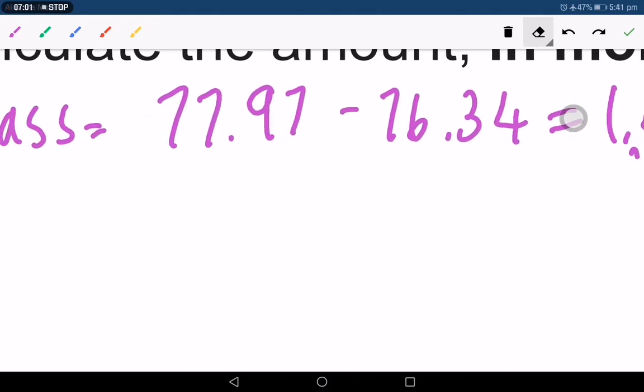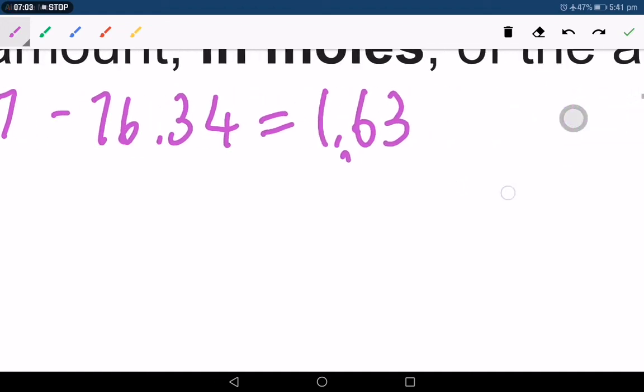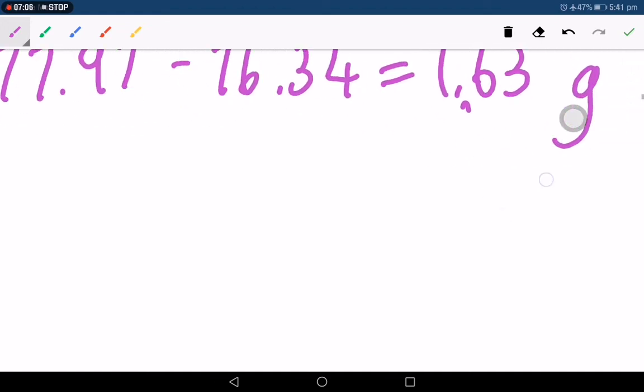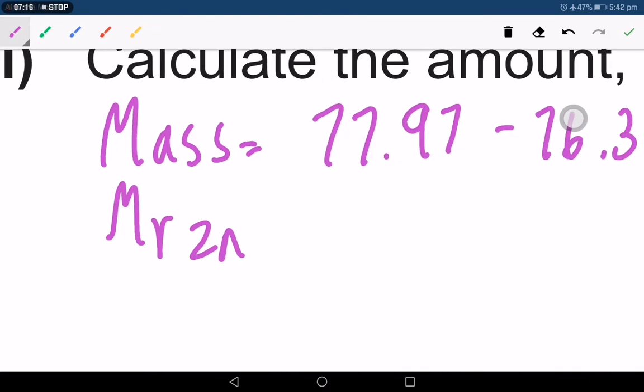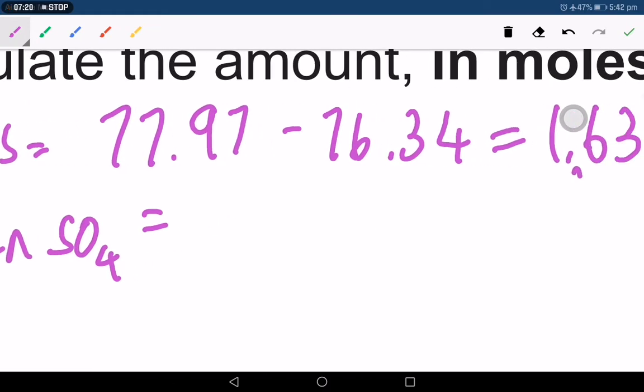That gives 1.63 grams. Then you need to calculate the Mr of zinc sulfate, ZnSO4. This is where the data booklet comes in. A copy of the periodic table is printed on page 17 of your data booklet.